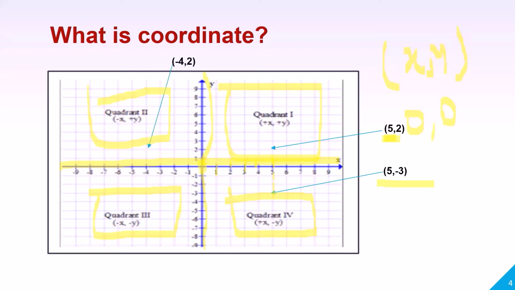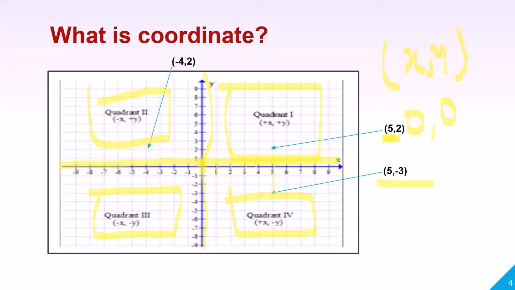Another one, in the second quadrant. If I consider this particular position, its value is minus 4 and, sorry, plus 2, because the y is in the positive direction. So minus 4, plus 2.